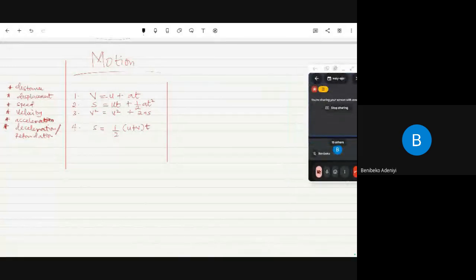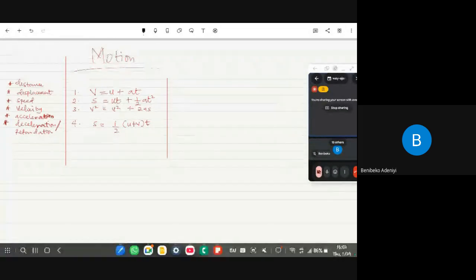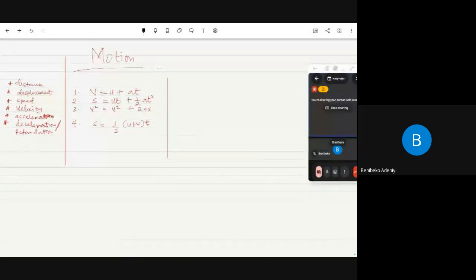So the only solution is not to lazy around. You must not be lazy. Don't even think of being lazy. So v is the final velocity.